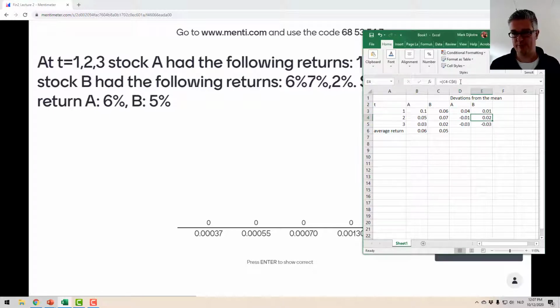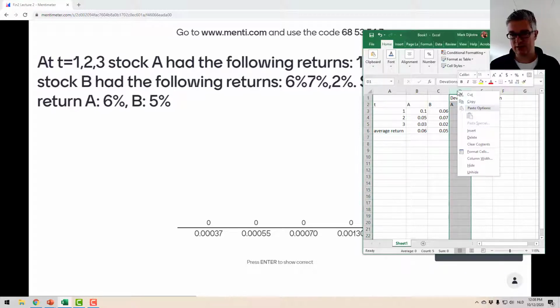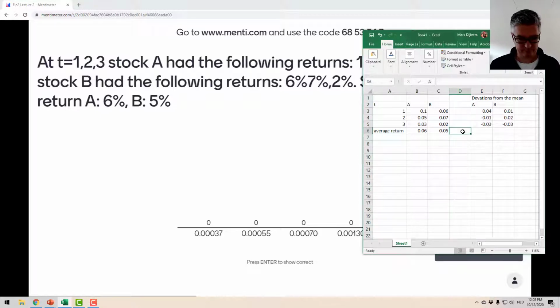I think I am, and for B I also selected the right cells, so it shows me the deviations. Then I can take the sum here.